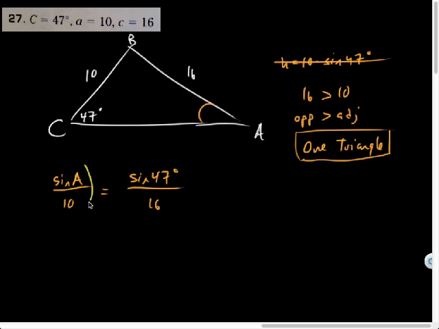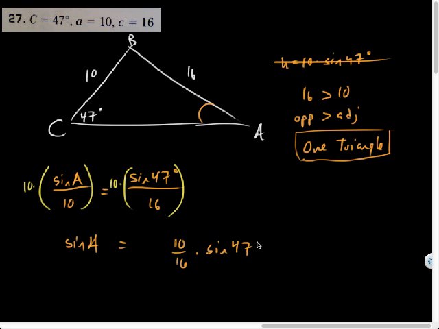Multiply both sides by 10. And I'll get sine of A is equal to 10/16 times the sine of 47 degrees. And how do I get A by itself? Sine inverse.